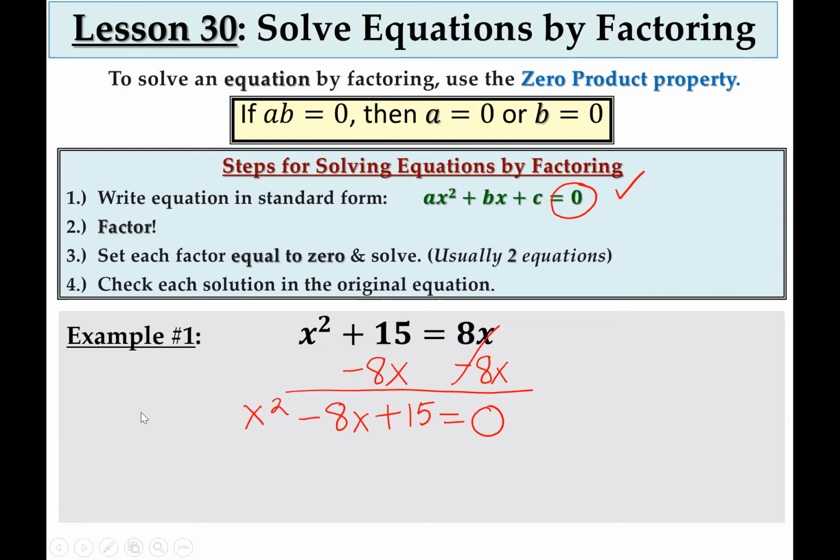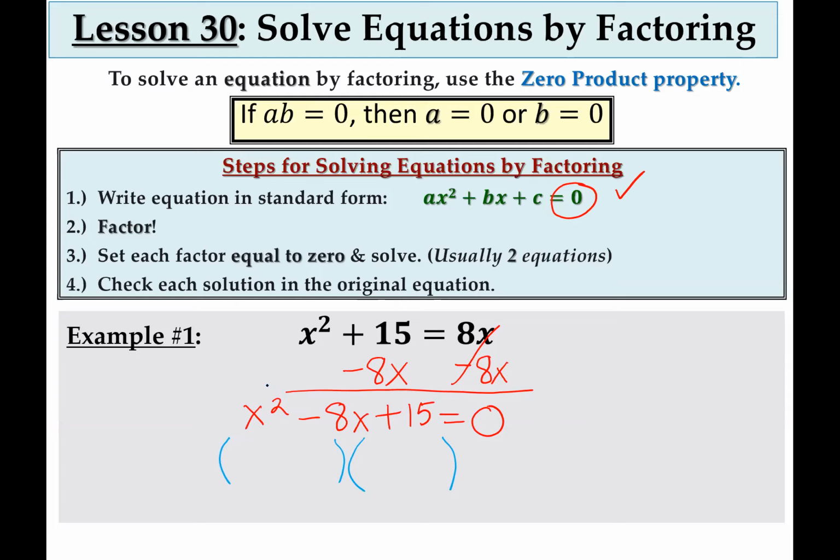Now let's move on to step 2, factor. So what kind of factoring are we dealing with? We have x squared minus 8x plus 15. This is a trinomial, 3 terms. It's starting with x squared. So this is one of the earlier kinds of trinomials that we saw in this class. The first term just has a leading coefficient of 1. There's no number that you can see in front of the x squared other than an invisible 1.